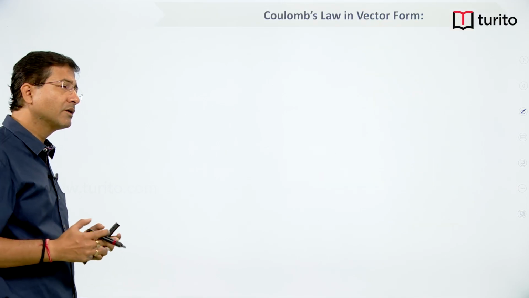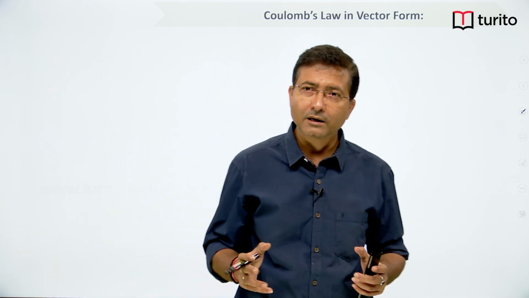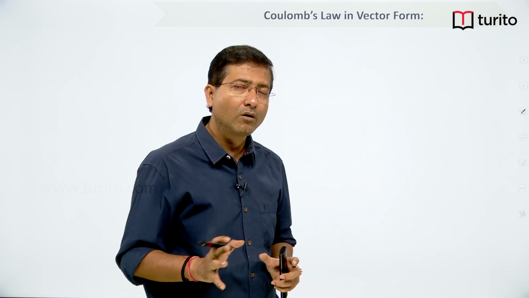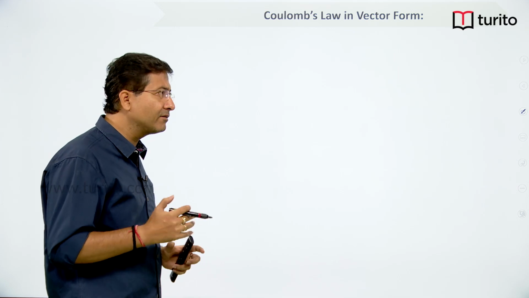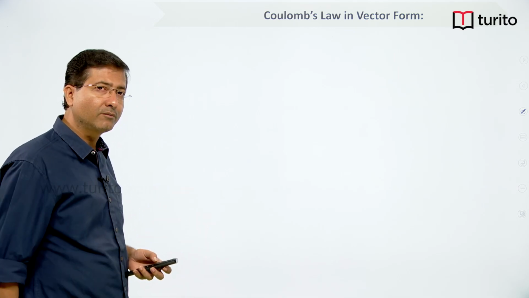So most frequently we will be using Coulomb's law for situations where charge is distributed in space. For all such cases it is better to write everything in vector form. So let us see how to write Coulomb's law in vector form.